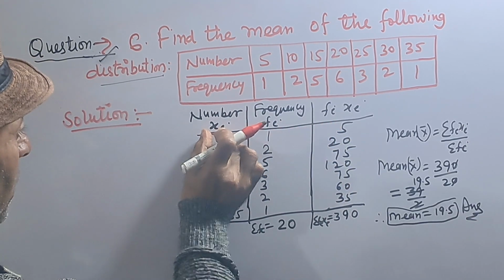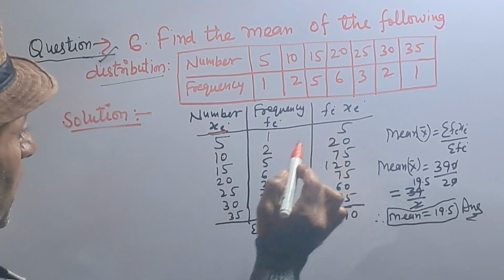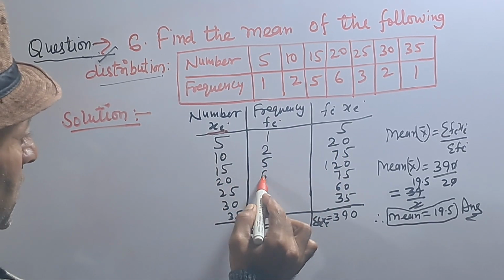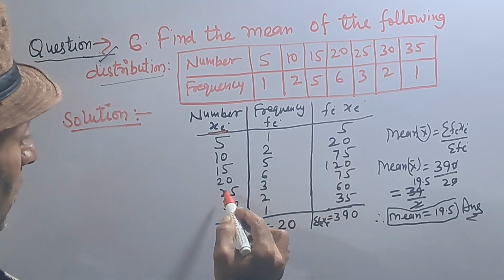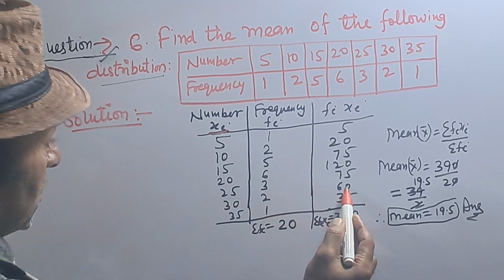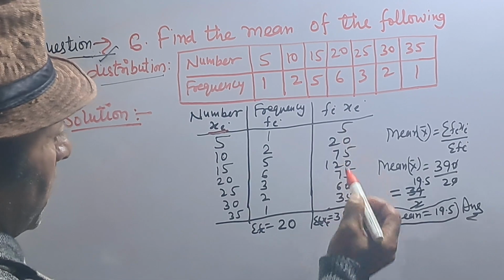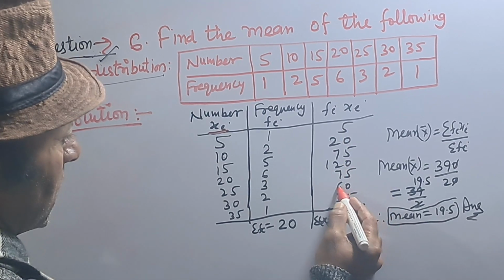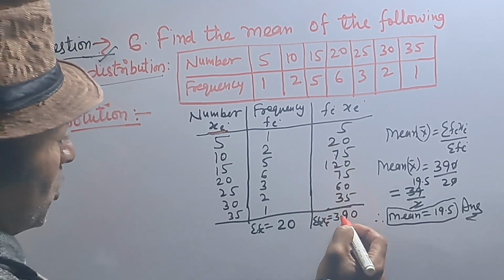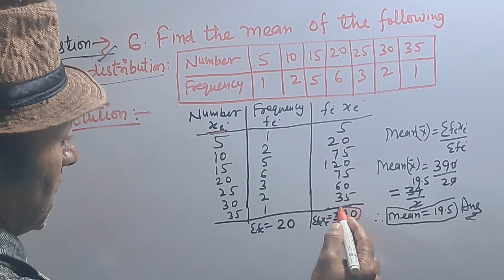Multiply fi xi. 1 into 5, 5. 10 into 2, 20. 15 into 5, that is equal to 75. 20 into 6, 120. 25 into 3, that is equal to 75. 30 into 2, 60. 35 ones are 35. 5 plus 5, 10 plus 5, 15 plus 5, 20. 2 carry, 2 plus 3, 5 plus 6, 11 plus 7, 18 plus 2, 20 plus 7, 27 plus 2, 29. 29 and 2 carry, 2 plus 1, that is equal to 3.